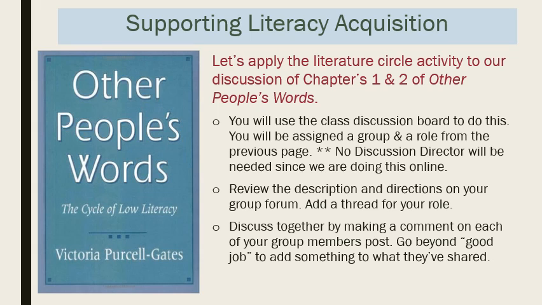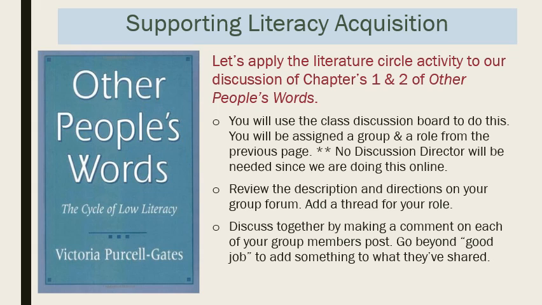This week we will be using the literature circle for our discussion of chapters 1 and 2 of Other People's Words. If you go to our Blackboard, you will notice that there is a discussion already set up for you. You've been assigned a group and a role.